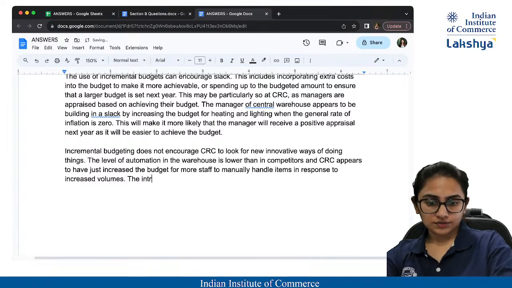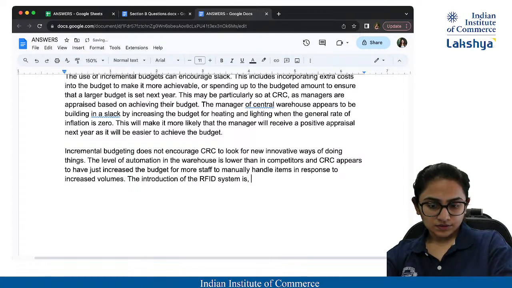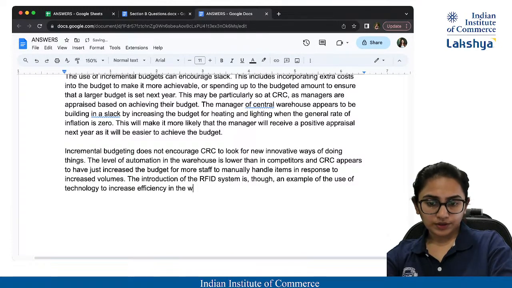The introduction of the RFID system is though an example of the use of technology to increase efficiency in the warehouse.